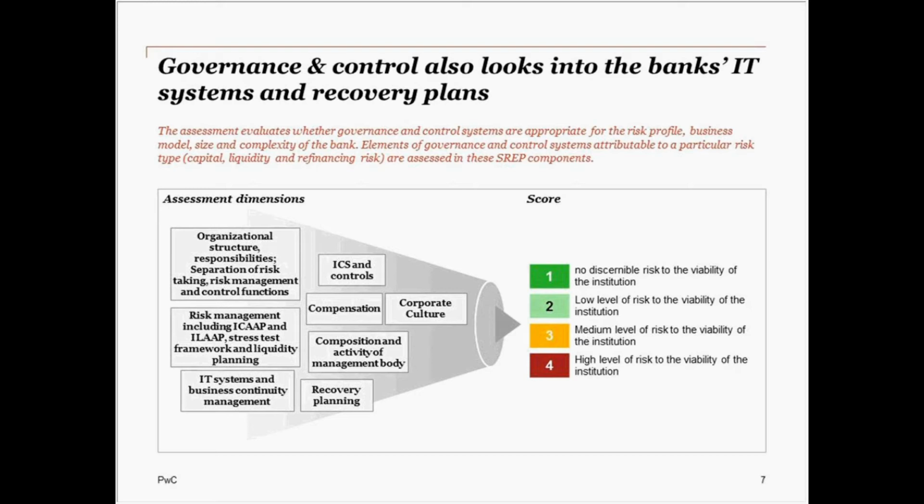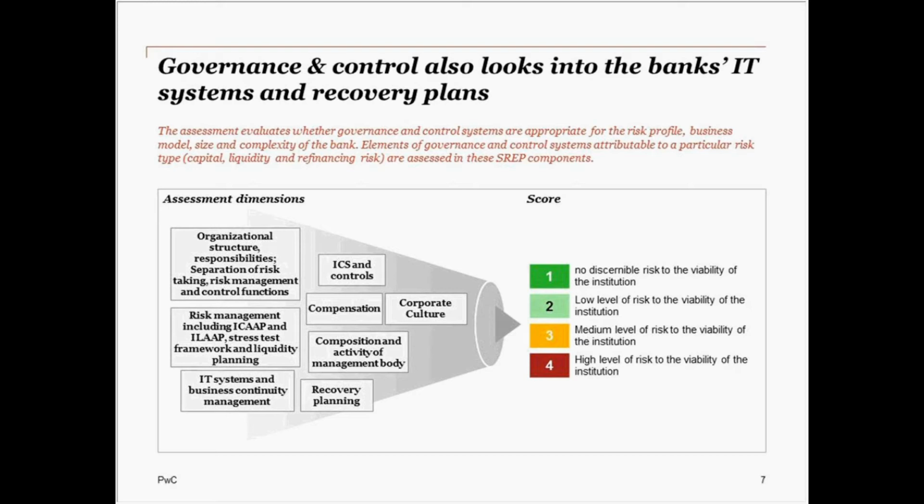If you look into the different papers that were published by the regulators in the past, there are a number of different tools you would normally expect the bank to have around governance and control. Obviously, at the heart of interest of the regulators are the ICAAP and the ILAAP. There, of course, needs to be some stress testing framework. Interesting and crucial are IT systems, but there's also a link to recovery planning and compensation.